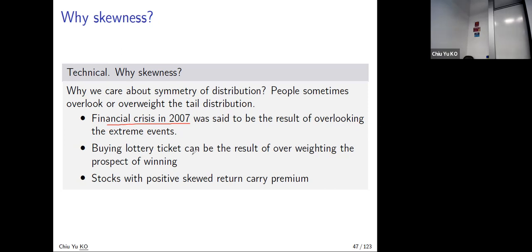But recent studies show that not just the variance, but actually the skewness also carries some premium. If you want to invest in stock with positive skewness, you need to pay a premium for that. For example, Tesla, Google, all the startups, all the Chinese .com stocks carry a huge premium, because you expect they have a lot of upside, so they can grow crazy.